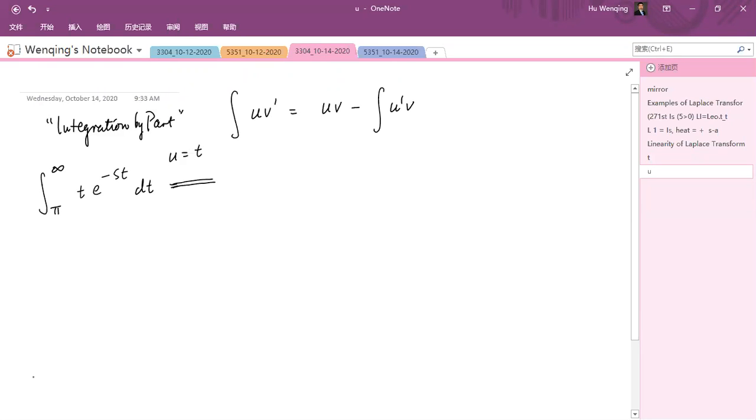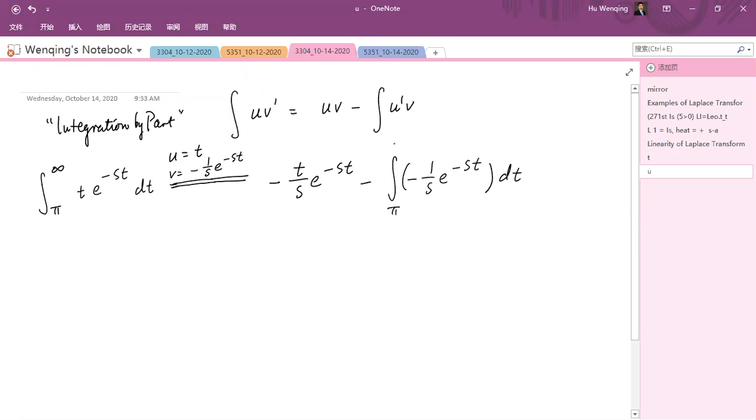So I will take u equal to t, and v prime is e power minus s t, so v is minus 1 over s e power minus s t. So that's u v prime. So this is t, and therefore you get minus t over s e power minus s t, minus the integral of u prime, which is 1, so minus 1 over s e power minus s t dt. Is that good, family?